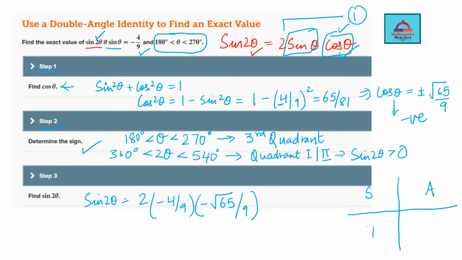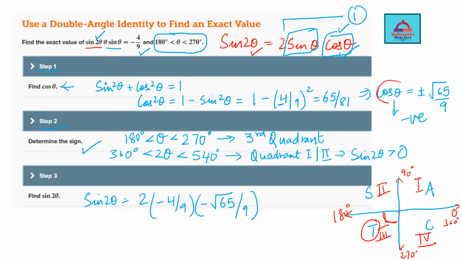After school to college. So this is your first quadrant, second quadrant, third quadrant, and fourth quadrant, starting from 0 to 90 to 180 to 270, coming back to 360. So this quadrant is third quadrant where only tan and cot are positive.